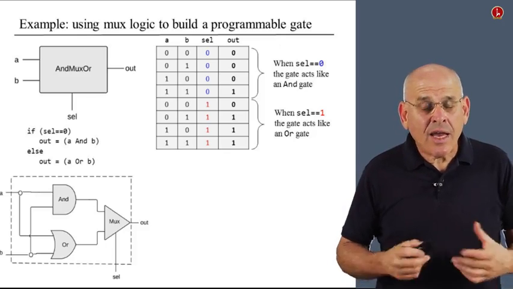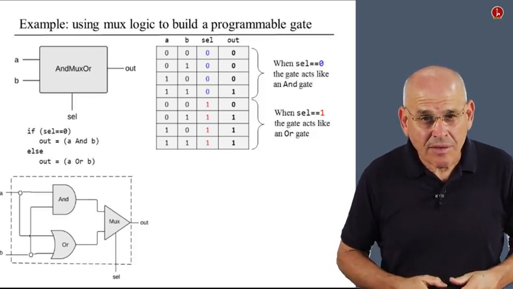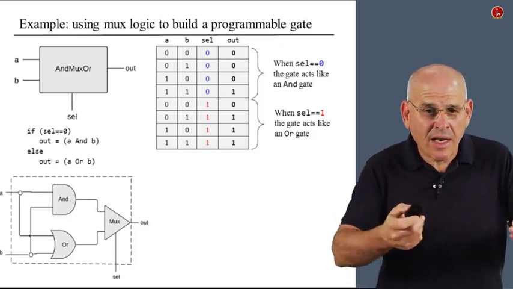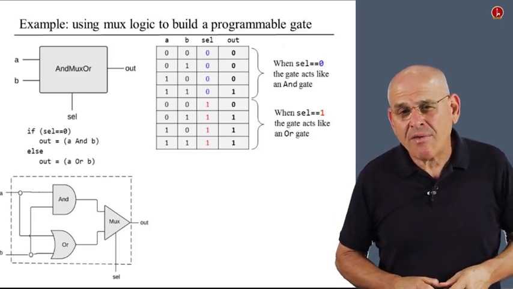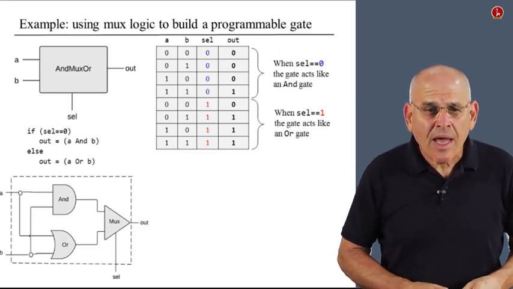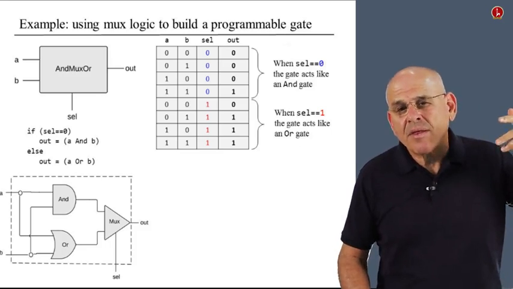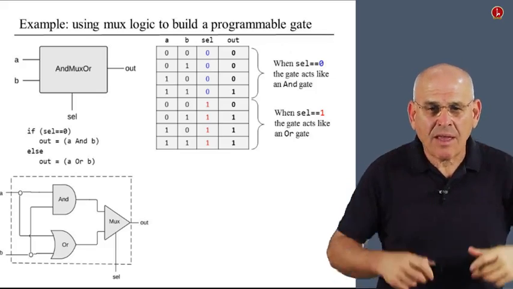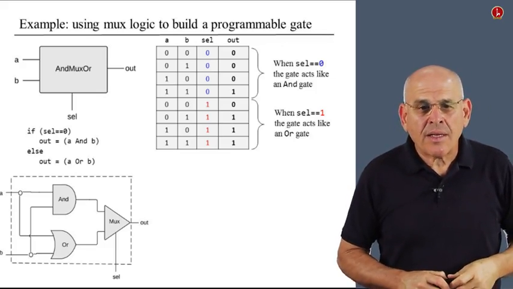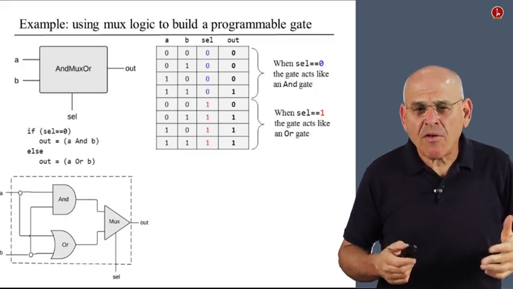And here's the truth table of the gate, and you can convince yourself that it's consistent with what I said earlier. And here is how I can actually build it. I can use two gates, an AND and an OR, provided, of course, that I have developed them previously. And I can feed the A and B inputs simultaneously to both AND and OR. And we called this before fanning out.